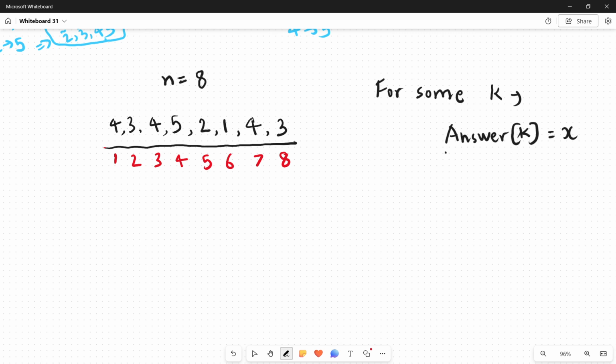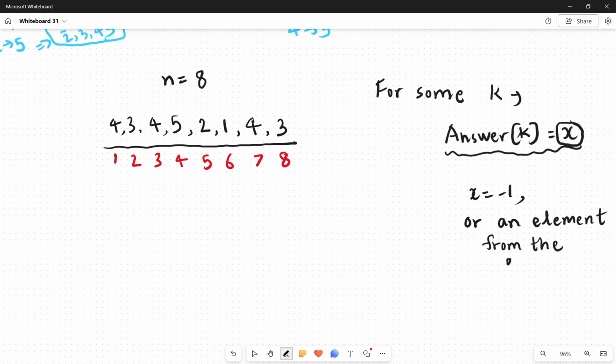So what I am saying is that for every k there will be an answer associated with this. So either x is equal to -1 or an element from the given array, right?